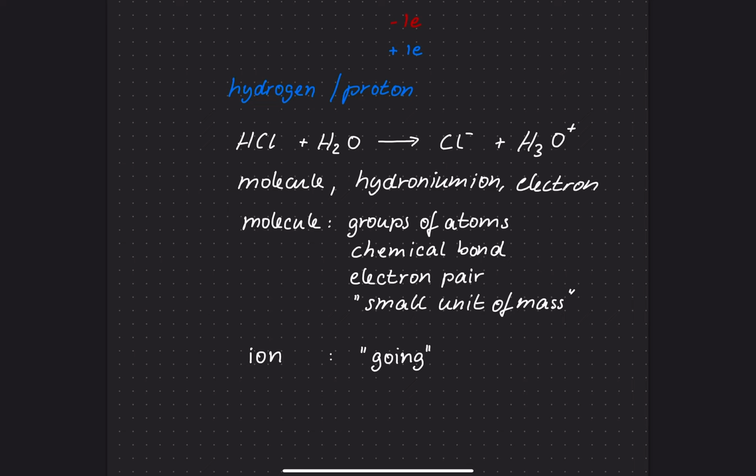Because ions move, they are going towards the electrode of opposite charge. An ion is basically on the move. It's running somewhere, like a car. So that is what ion means. It's going somewhere to an opposite charge.